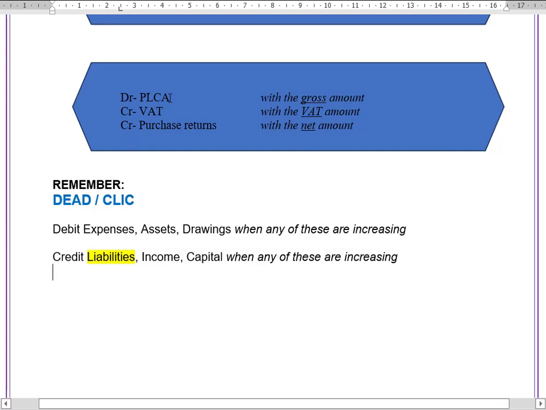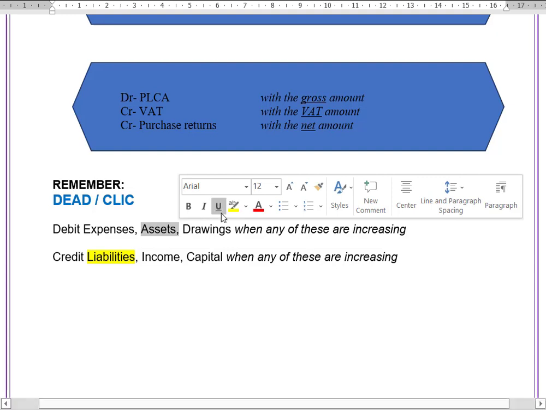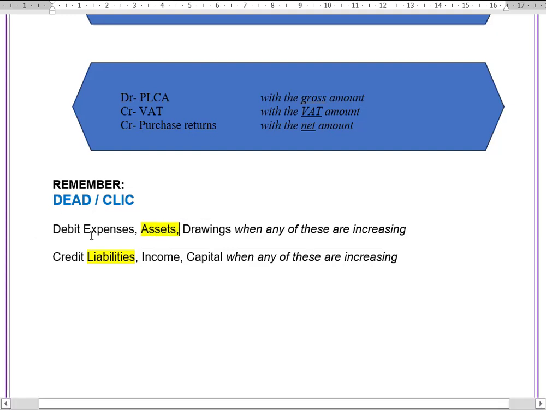Which liability? PLCA. When you bought the item, you were charged VAT. VAT on purchases is an asset. Now we want to reduce the asset. In order to do that, I have to credit the asset account. Why? Because it is decreasing.